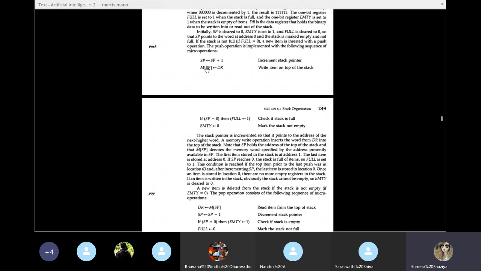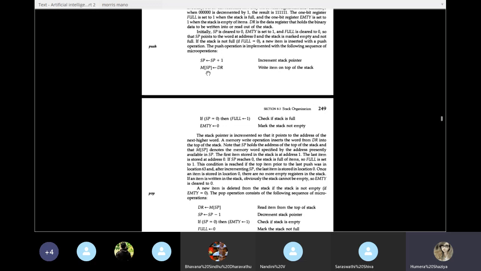When you create an array int a of 10 and then you say a of top, if you remember the stack program, you say a of top or a of t, and you say t plus plus or t equal to t plus 1. So same thing we are doing here also.